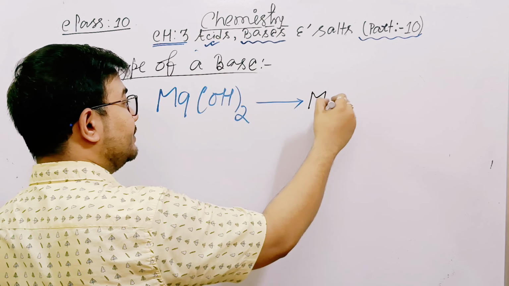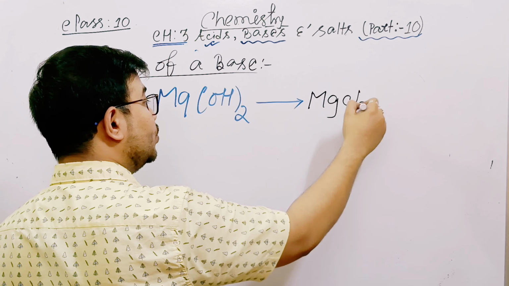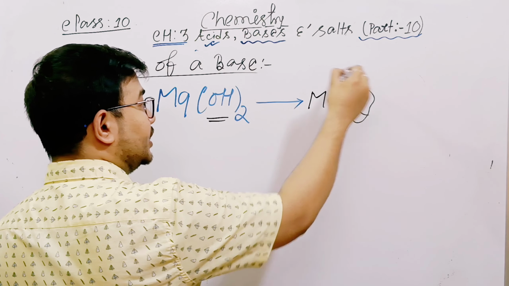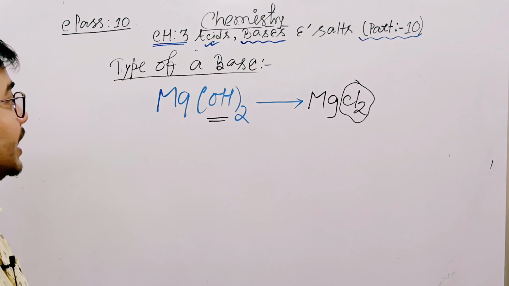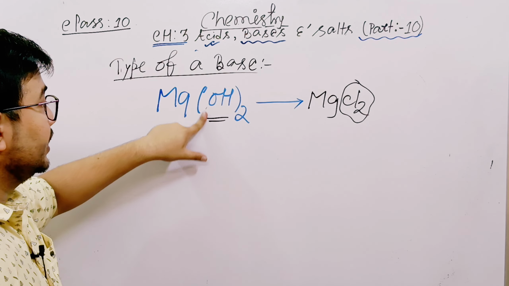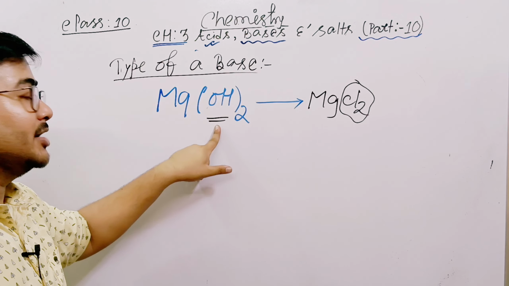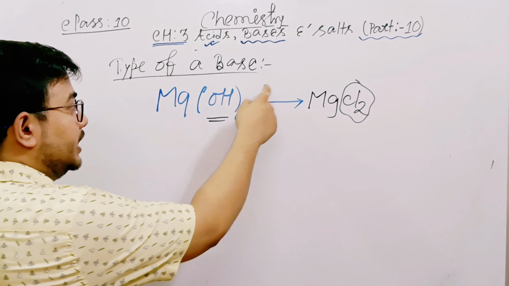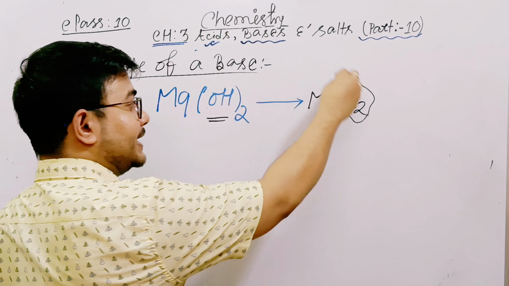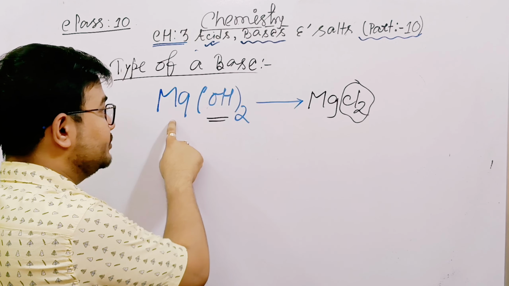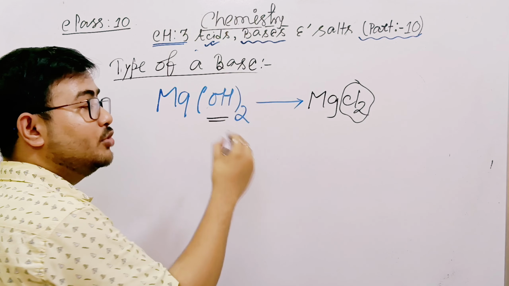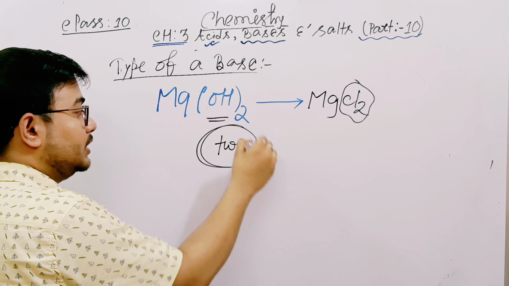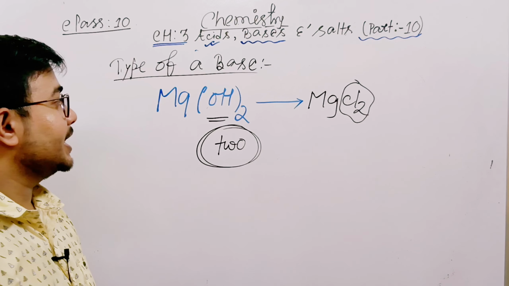Suppose this magnesium displaces 2 OH minus ions by 2 Cl. So what is the total number of removable OH minus ions present here? 2, because chlorine displaces this OH minus and enters with Mg.